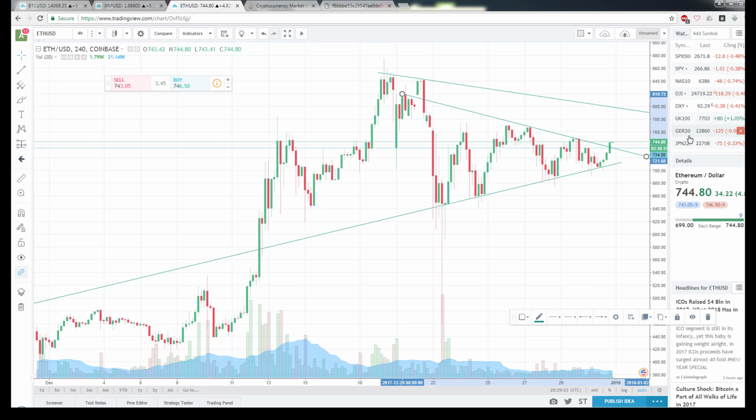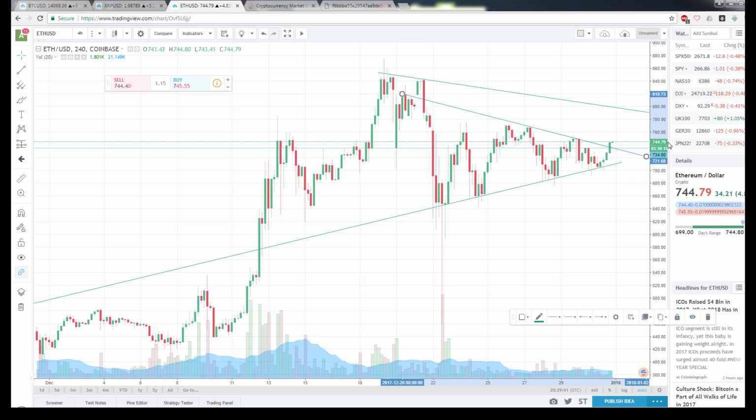Okay, so we have Ethereum piercing this trend line right here, closing above it, and seems to be going in that direction. It seems to be taking off, and it has a lot of room.